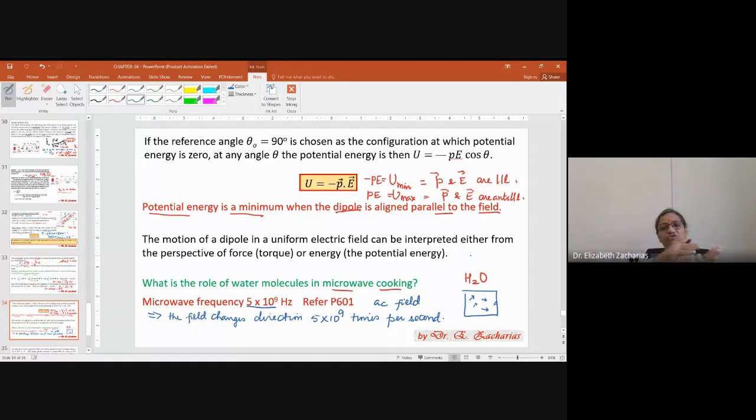So these water molecules keep track of the changing electric field and keep oscillating. It's an oscillatory motion finally. The water molecules will oscillate about 5 into 10 to the power of 9 times per second. Isn't it tremendous energy? It is that vibrational energy which gets passed on to your food, and your food gets cooked. Is this point clear?